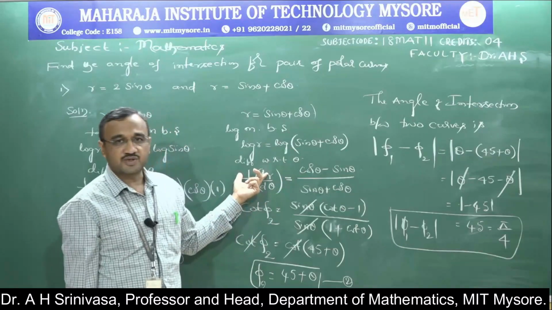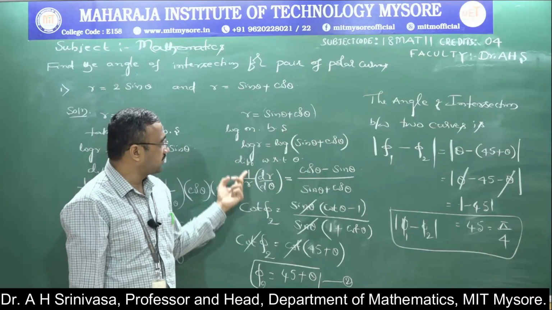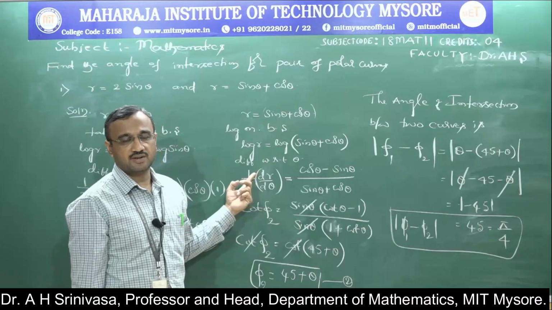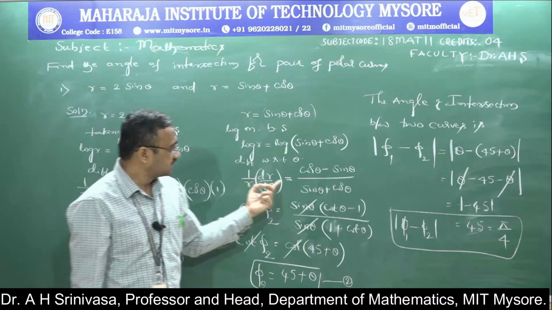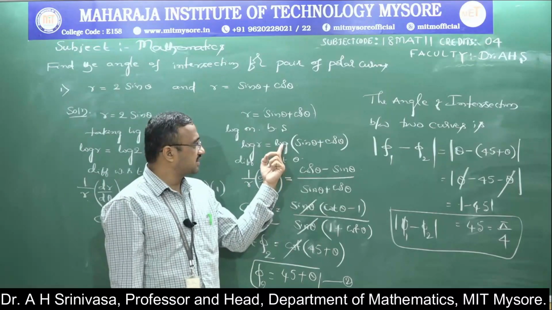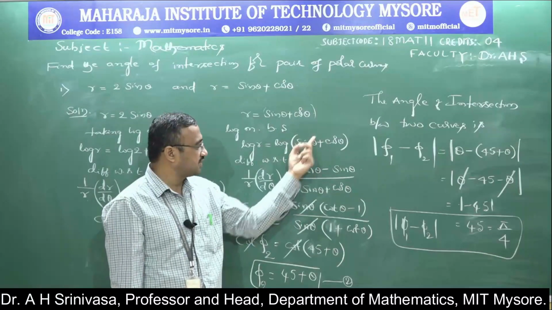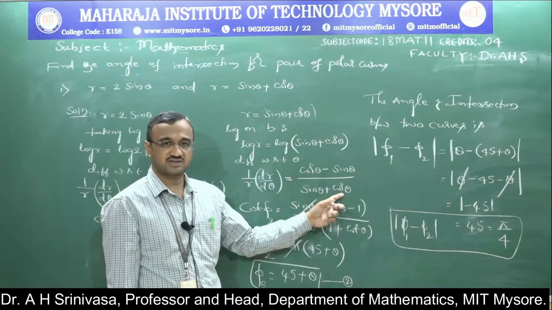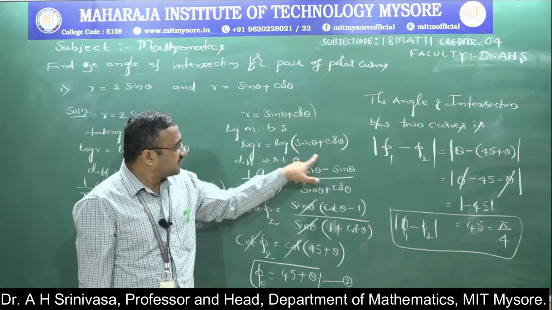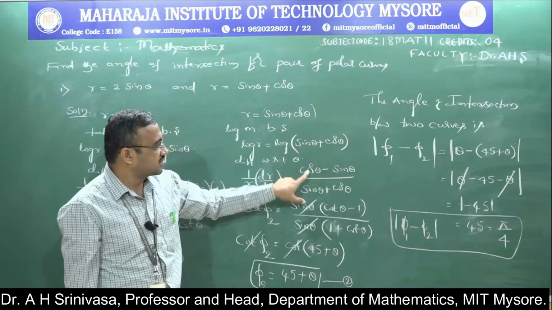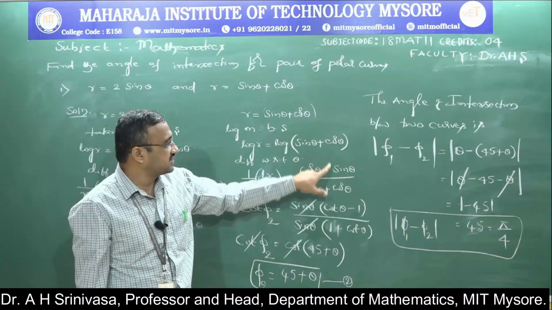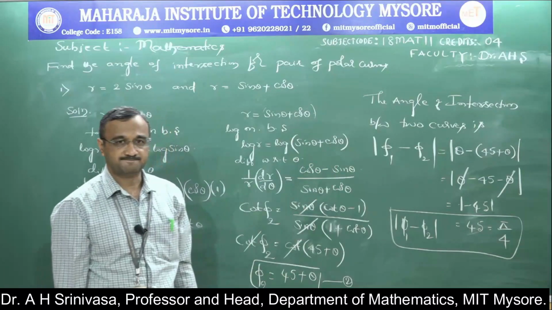Then differentiate with respect to theta. The log r becomes 1 by r dr by d theta, which should be equal to, again the logarithm function, 1 by this function, that is sin theta plus cos theta. The differentiation of the inside function sin theta becomes cos theta, then cos theta gives minus sin theta. Okay.